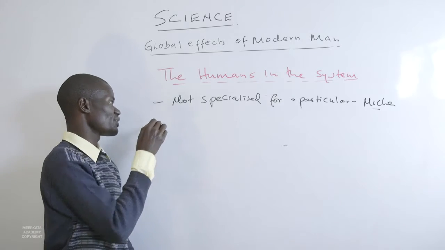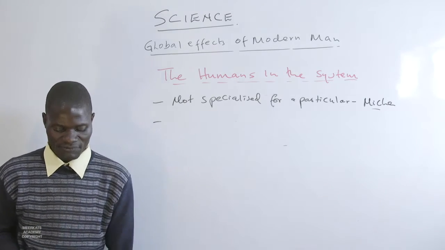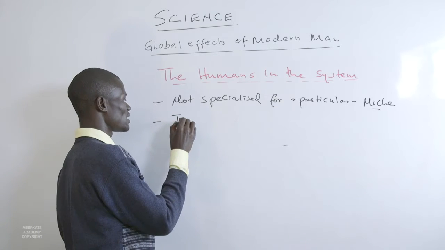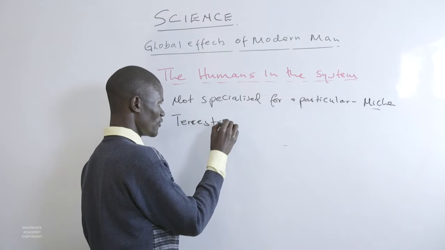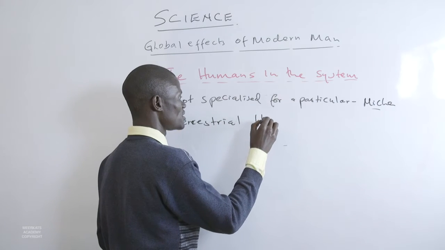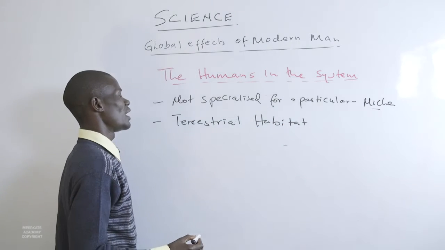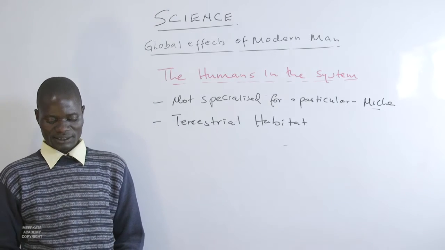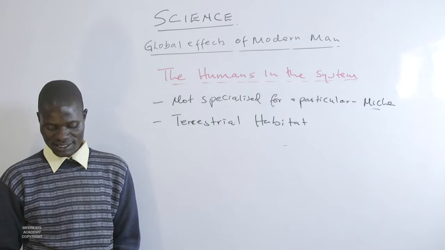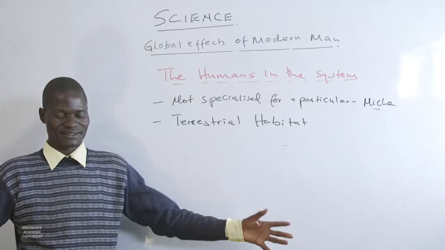That is the ability of human beings. Found in any place, they can cope with any form of terrestrial habitat, and as they do, they can increase their range and cover most of the planet.